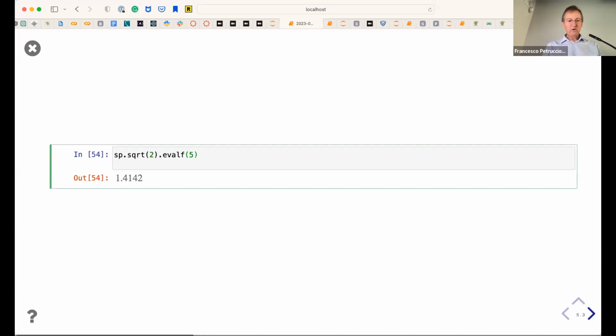If you put 10 here, of course, it gives you 10 digits. So if at the end of your result, where you have pi's, I's, E's and so on, you want the numeric number, it's easy to evaluate it with evalf. So you can always go back.